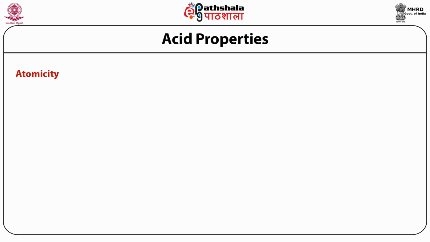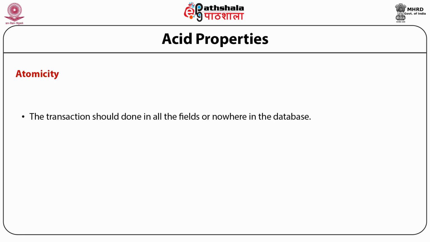Atomicity is one of the important properties, or components, of ACID properties. We see that the transaction which is done in the database should happen in all the fields across the database, otherwise it should not happen.